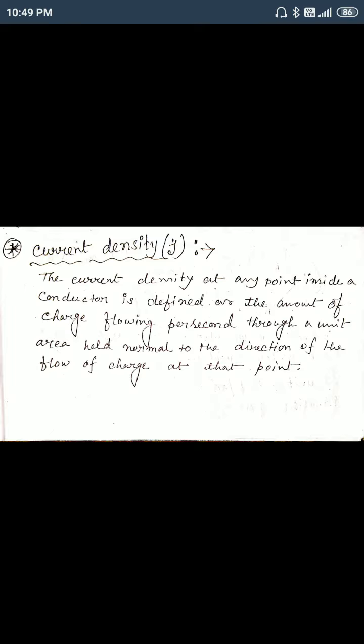That means the area is held normally to the direction of flow of electric charges, and through that area the amount of electric charge flowing per second, or we can say the electric current flowing through that unit area held normally to the direction of the electric current, is called current density. Clear? If we see the diagram, we also understand.